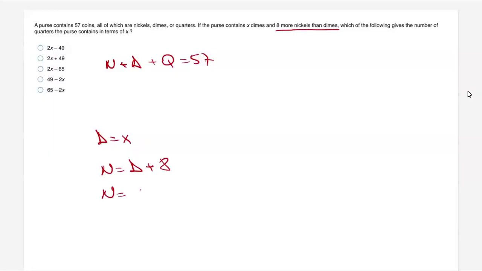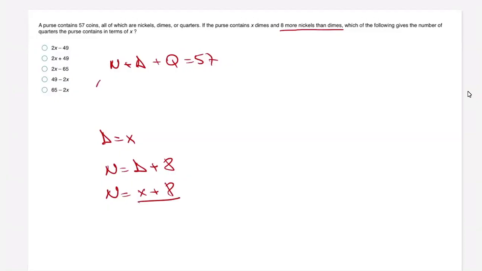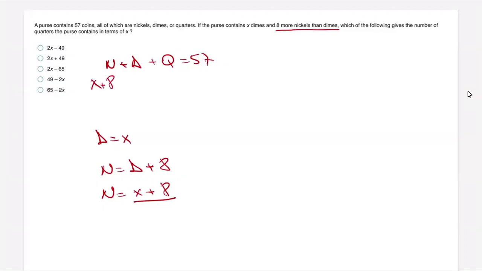So nickel is X plus 8. How many quarters do I have in terms of X? So N is X plus 8. Dime is X. I want quarters. Isolate. Quarters is 57 minus 8 is 49 minus X. Sorry, minus 2X.